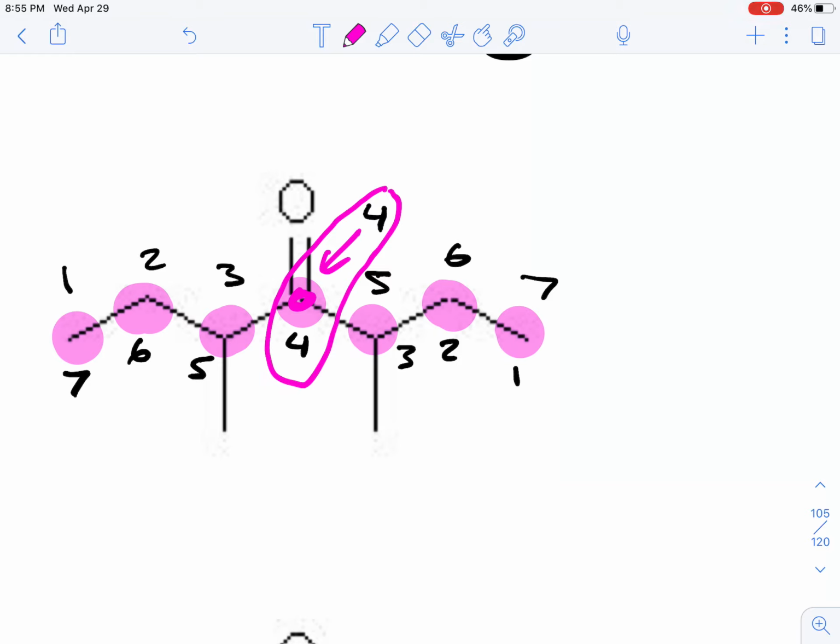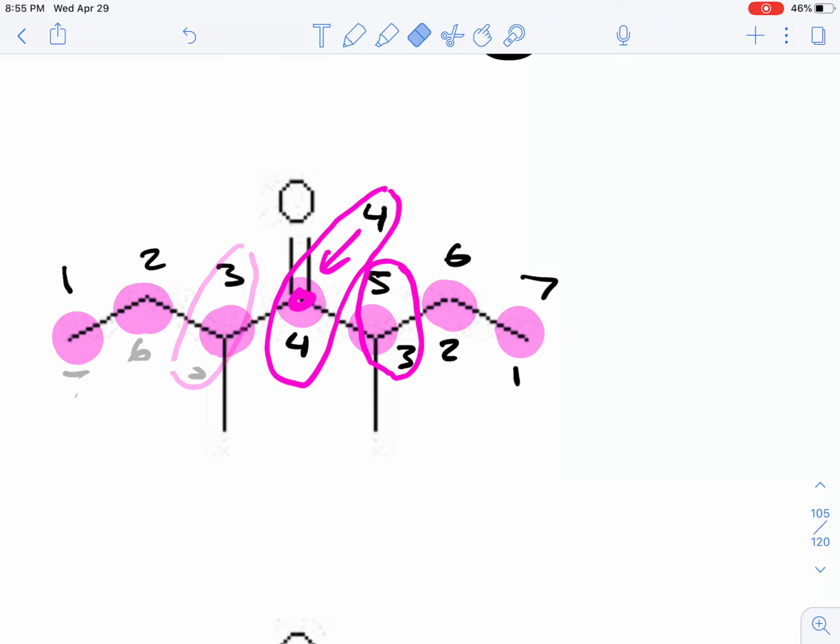And it looks like they're both the same number. Okay. And so if they're both the same number, then I'm going to look at my substituents to see if I have any points of difference. So here I have a 3 and a 5, and here I have a 3 and a 5. So because this molecule is symmetrical, it actually doesn't matter which way you number your carbons. It can go left, right, or right, left.